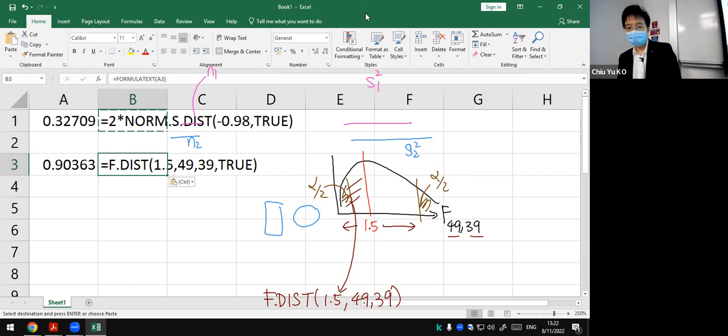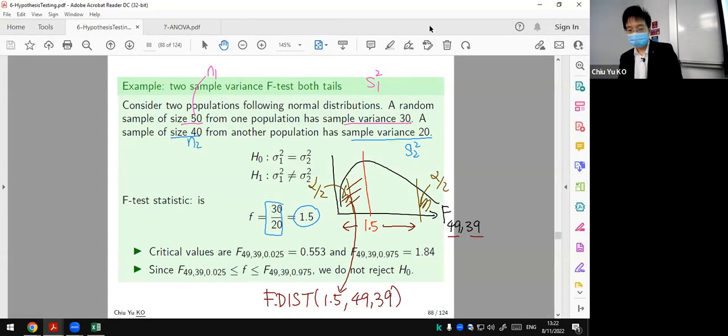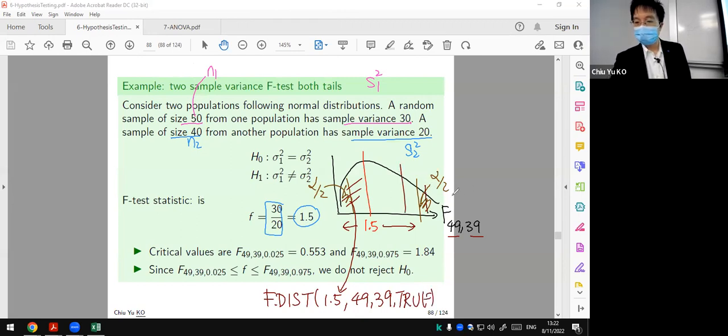If I go back to here, let me put TRUE there first. So indeed, this is somewhere way inside, because the left-hand side is 0.9, so it's very deep inside on the right-hand side.